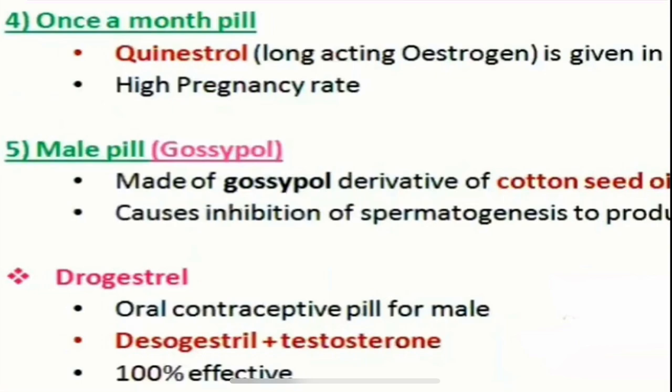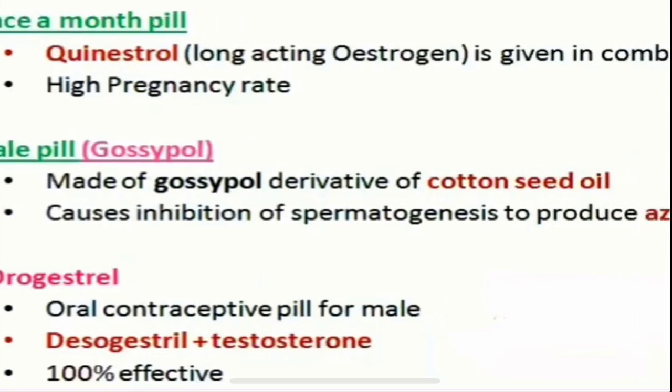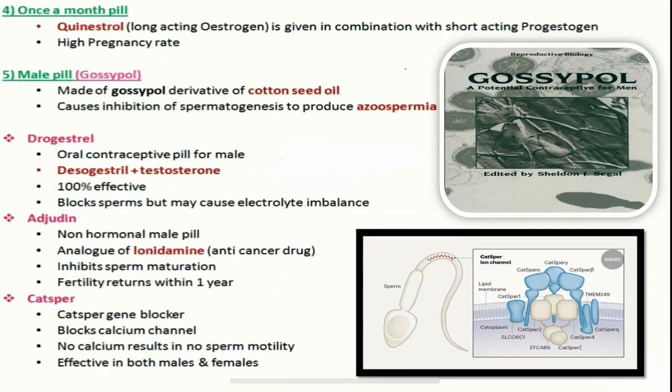Quinestrol, a long acting estrogen, is given in combination with a short acting progestogen. It's not that pleasing. There have been lots of disappointment with such experiments. The pregnancy rates were too high to be acceptable. In addition, the bleeding also tends to be irregular in such women.